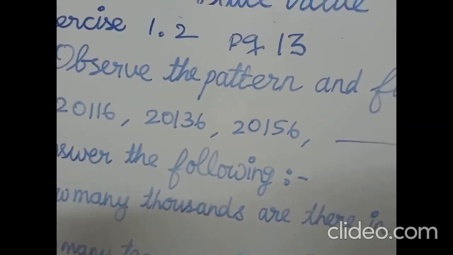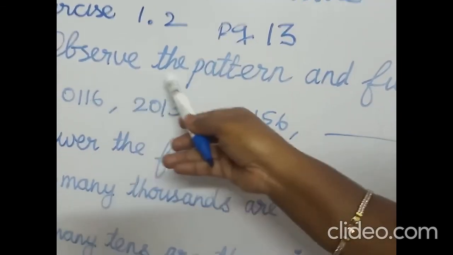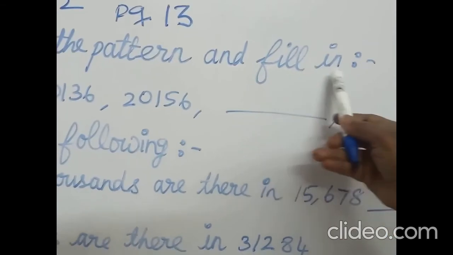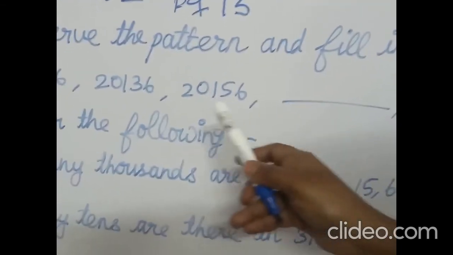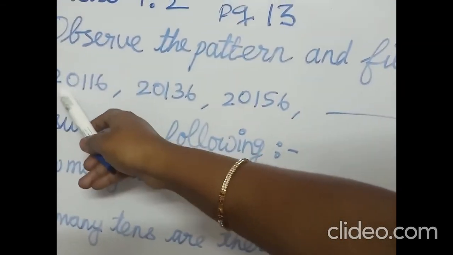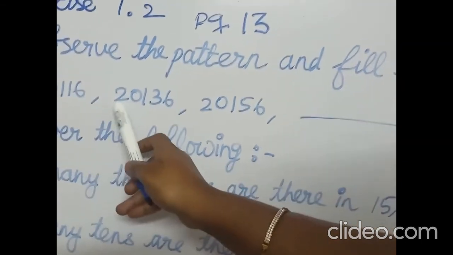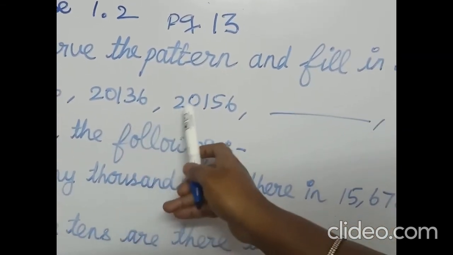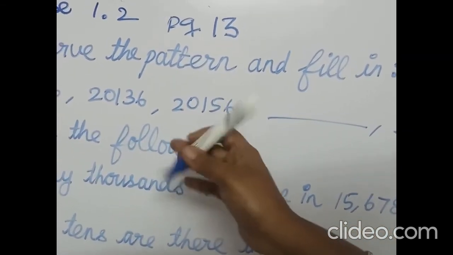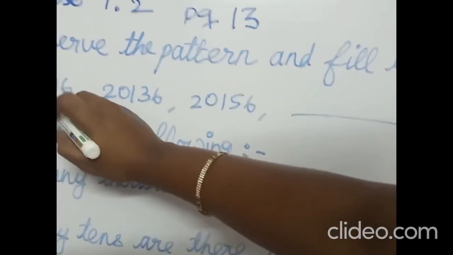Next one is G. Observe the pattern and fill in. So see the pattern over here. 20,116, 20,136, 20,156. So look at the pattern, children.